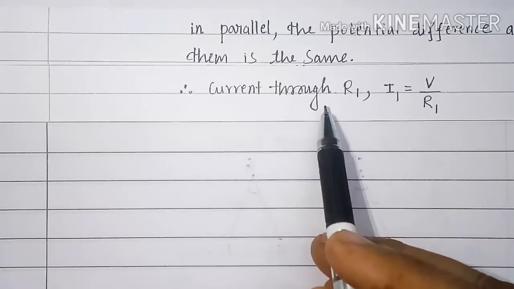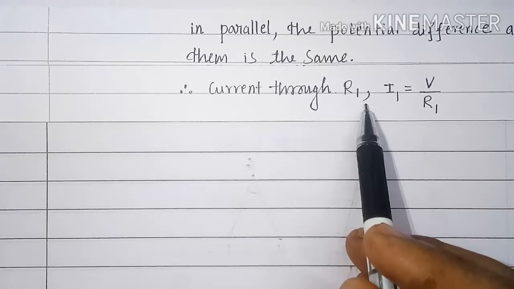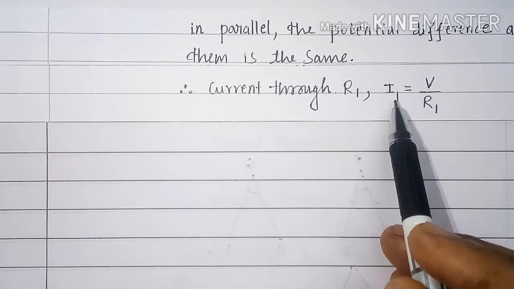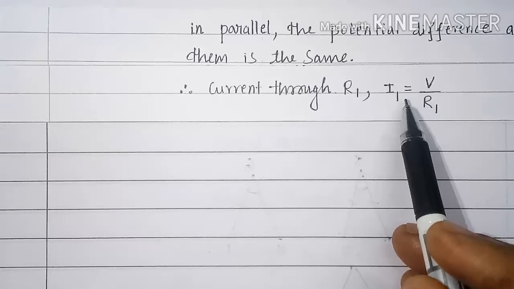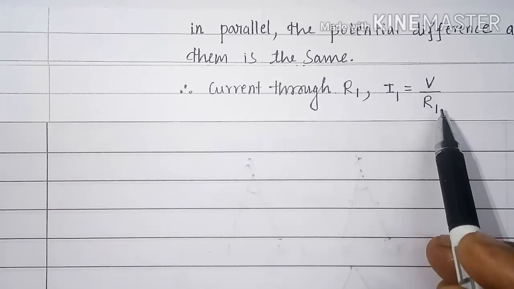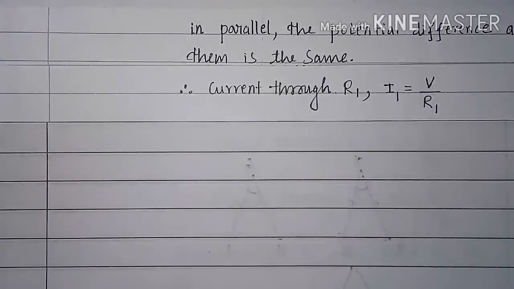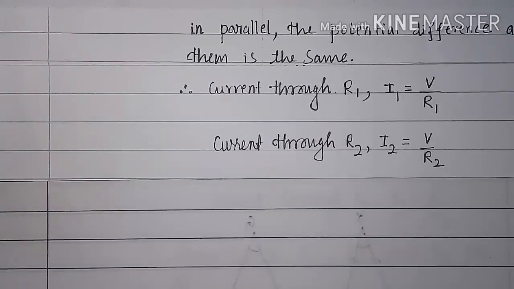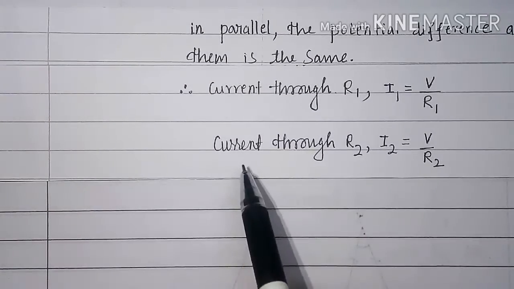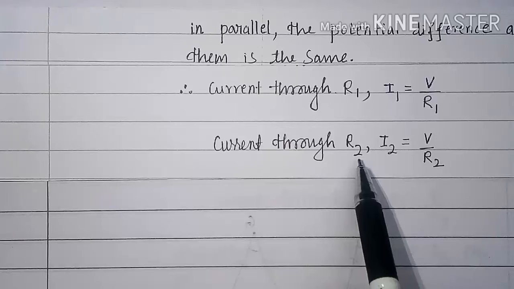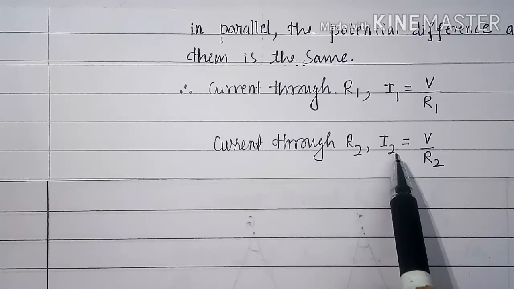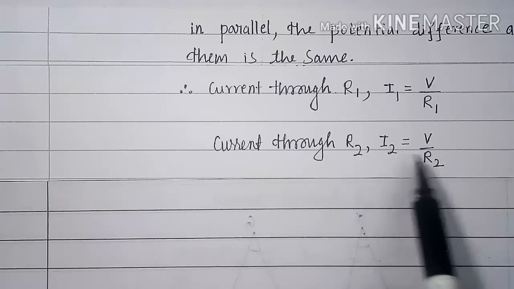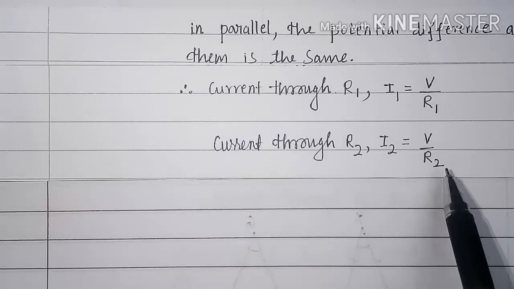Therefore, current through R1 by Ohm's law, I1 is equal to V by R1. Current through R2, I2 is equal to V by R2.